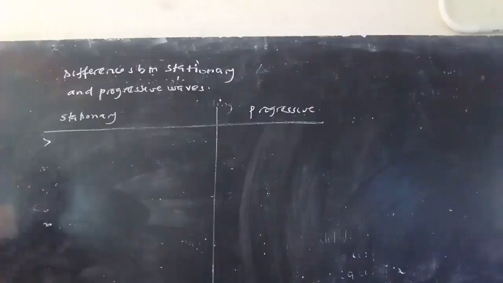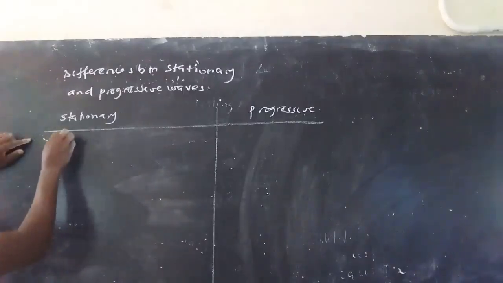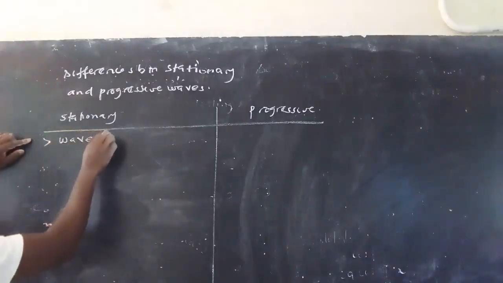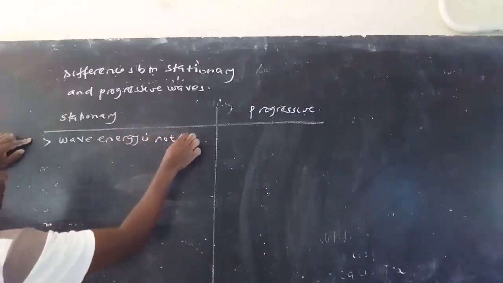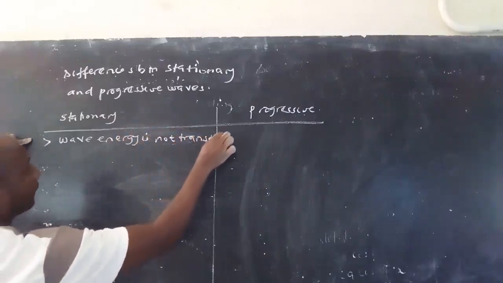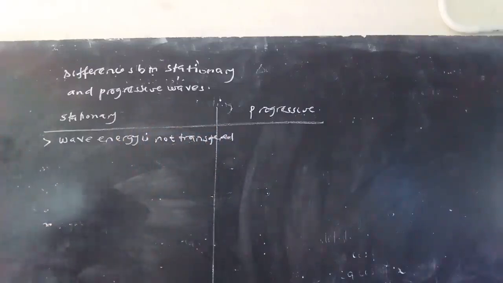Number one, under stationary waves, energy is not transferred but confined within the system.